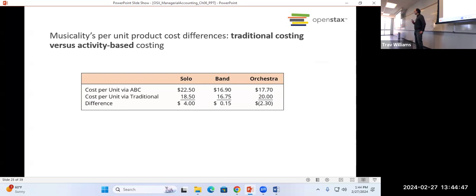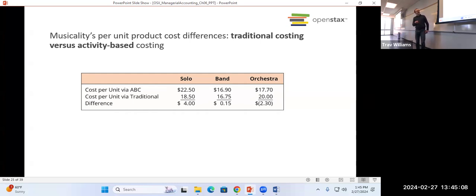So here we see a comparison for the same recorder company. When they used the ABC method, these were the overhead costs they came up with per unit. With the traditional method, these were the costs per unit. And what we see here is the difference. The band product was pretty close; it didn't make that much of a difference.